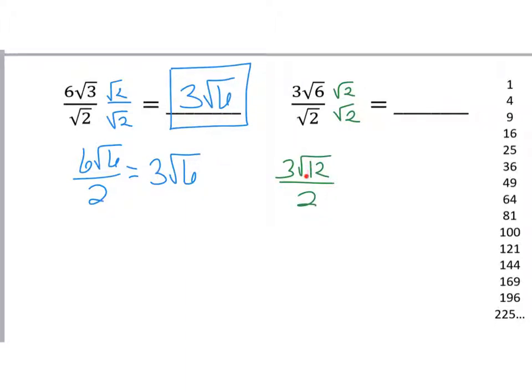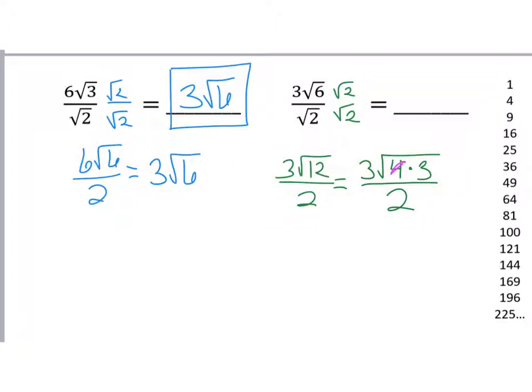Can I simplify 12? Yes, because what can it be divided by over here? 4. So I'm going to change that to 3 square roots of 4 times 3 over 2. So all I did was change my square root of 12 to the square root of 4 times 3.